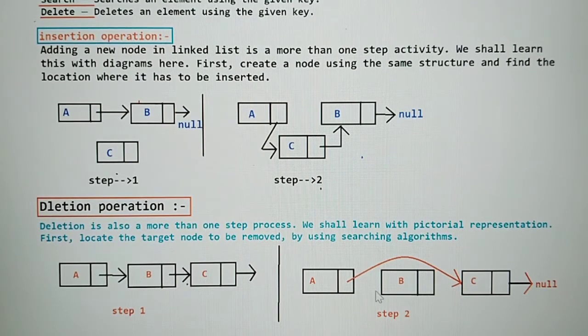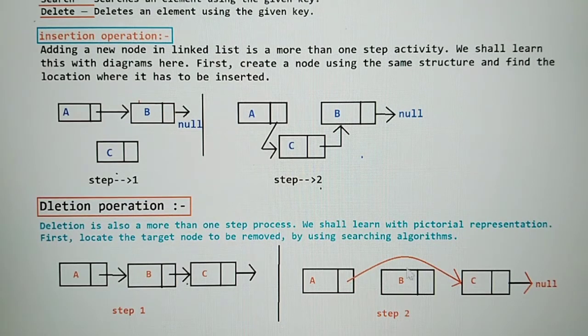So what am I doing then? I skip the B node, and then the A data element, which stores the next location, also points to C's location. So I skip this. You can see the arrow position.